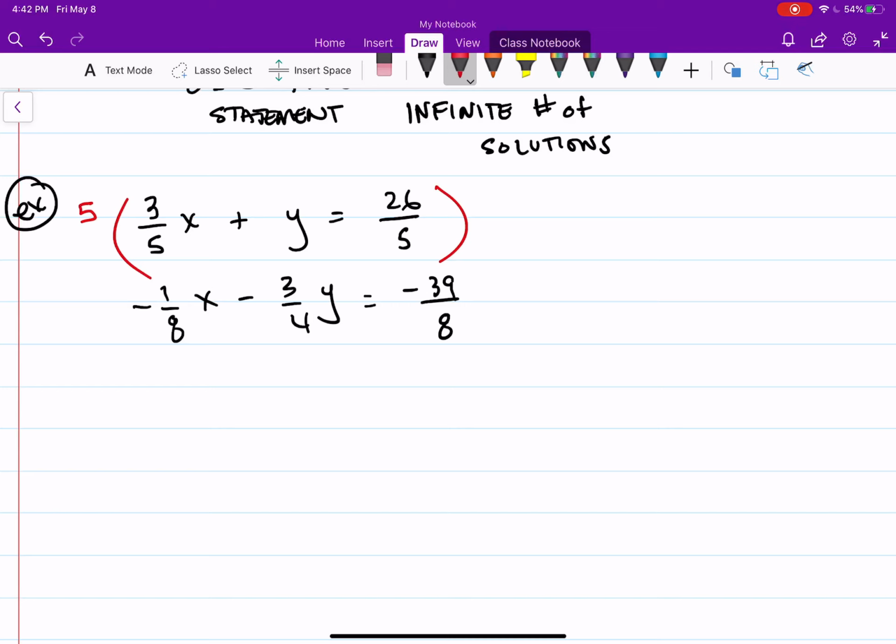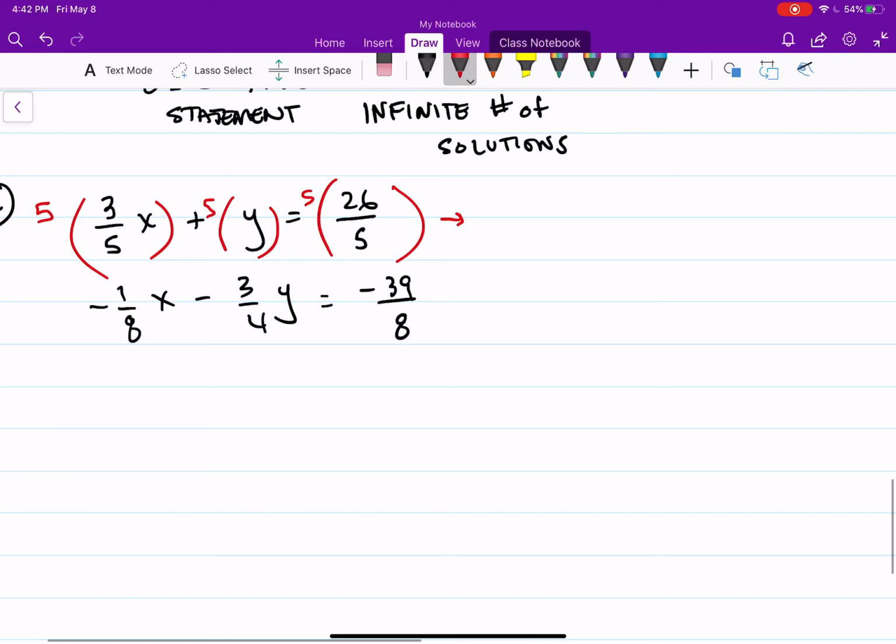Okay? So you got to think of it this way. Essentially what I'm doing is multiplying the left side by 5, which I got to distribute, and the right side by 5. So in this case, I would get 3x plus 5y is equal to 26. Okay?